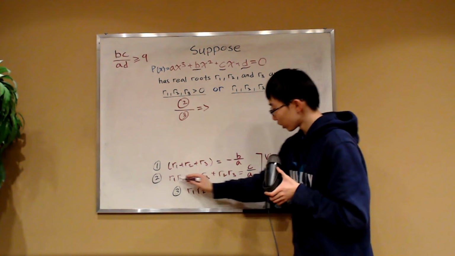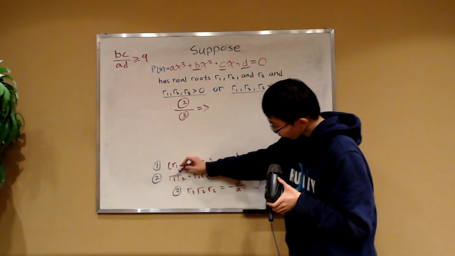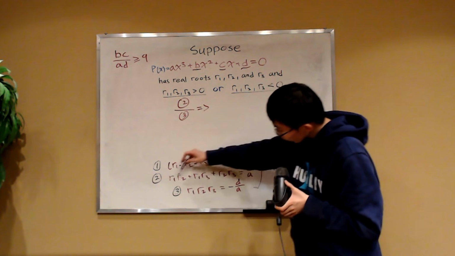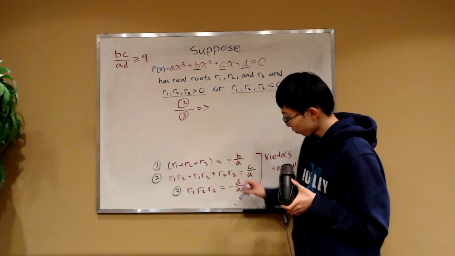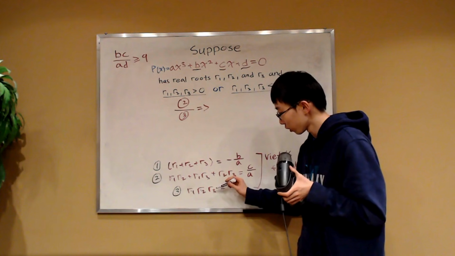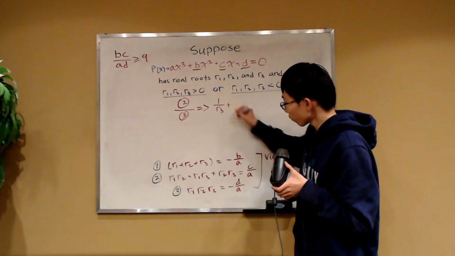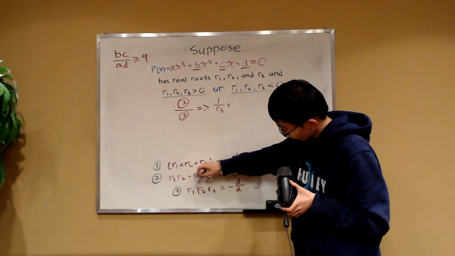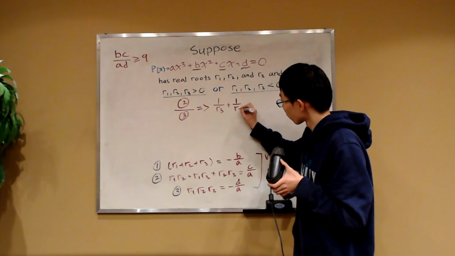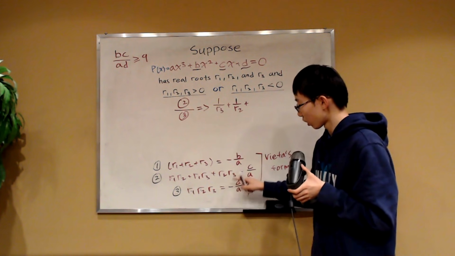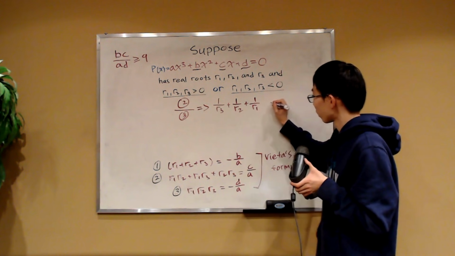If we divide this entire side by r1 r2 r3, then notice that for this r1 r2 term, both of these will cancel out with this r1 and r2 down here, leaving us with r3. So this would be 1 over r3. And over here, again, r1 r3 cancels out. r2 is remaining, so that would give us 1 over r2. And similarly, the last term just gives us 1 over r1.